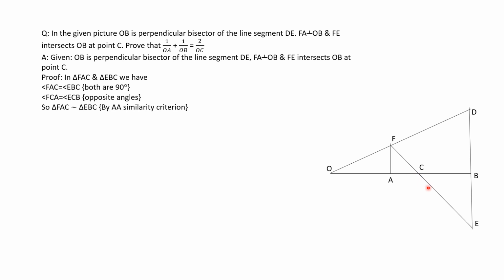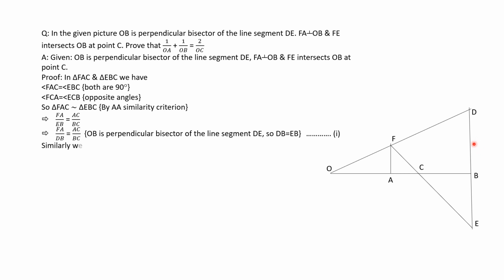So we have triangle FAC similar to triangle EBC by the angle-angle similarity criterion. Or we can write FA by EB equal to AC by BC, or FA by DB equal to AC by BC, because B is the midpoint of DE.